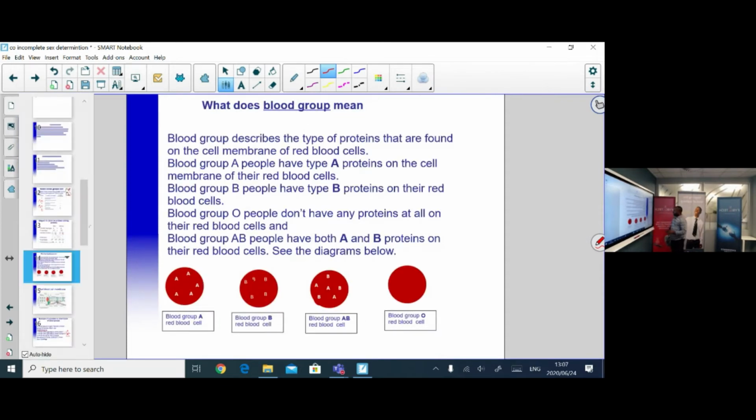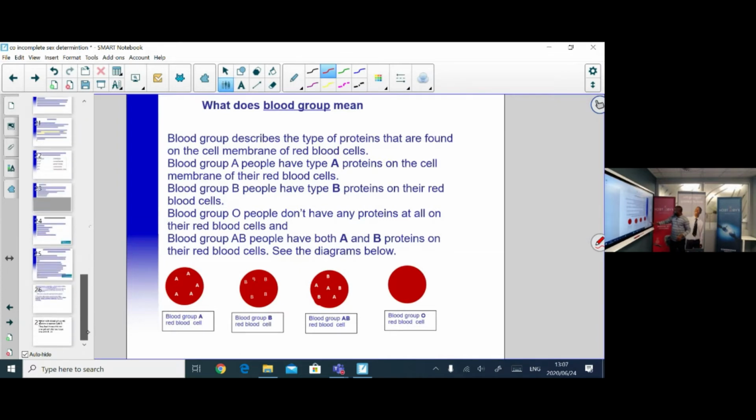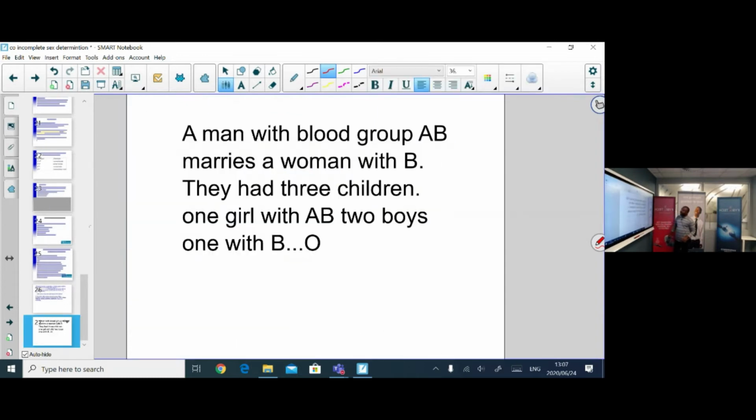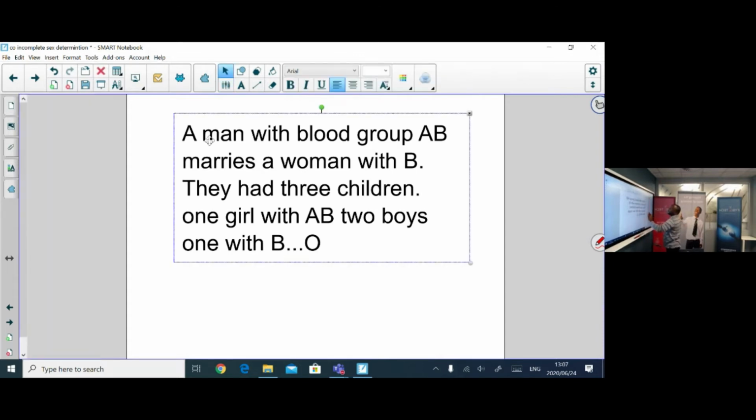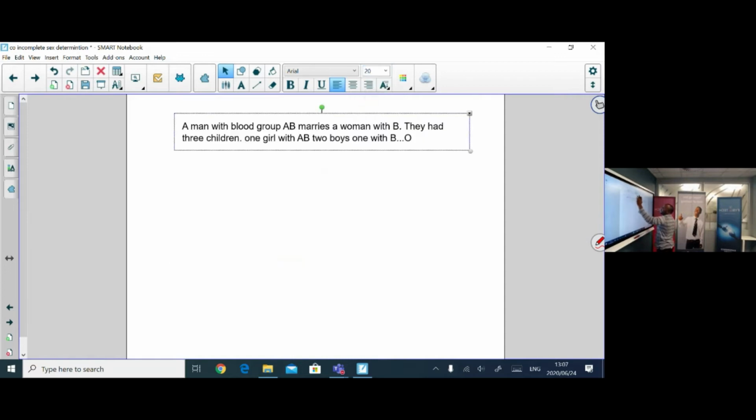I want us to go to the example we did yesterday before we come on to sex determination. That was the question we made yesterday. Too small? Let's put the 24.